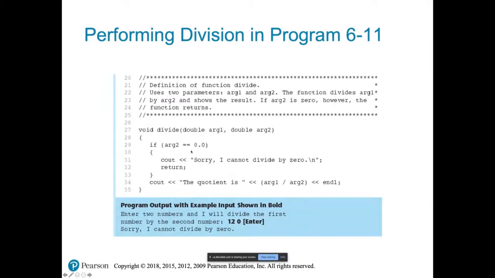If argument 2, the denominator, is 0, then you can't do the division because you can't divide a number by 0. So what they did is they put a return right here. Kind of poor programming style, but it is acceptable because now you have one way in to this function and potentially 2 ways out, line 32 or 34.